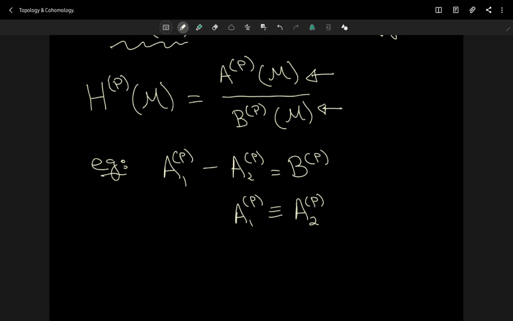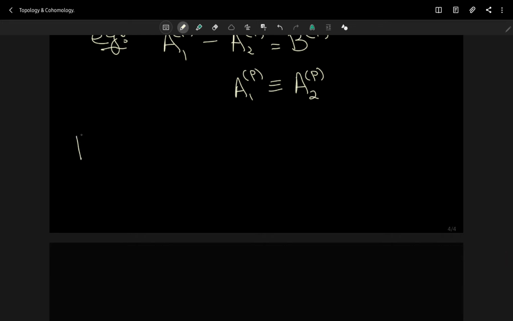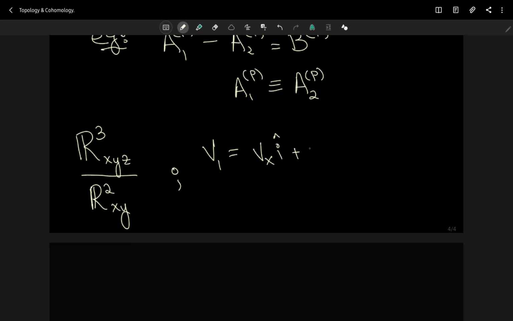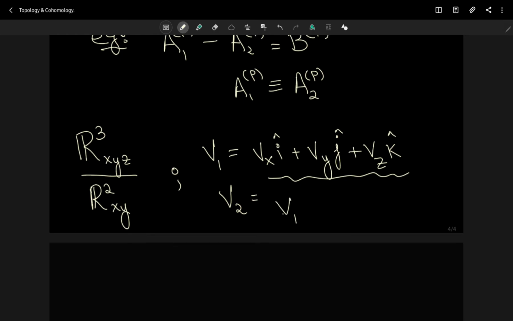Now, for an intuitive idea of vector space quotients, let's consider 3 dimensions, R3, which is X, Y, and Z. And let's consider that this thing is quotiented by R2, which would only have X and Y. Well, if we have two vectors, say v1 is vx i hat plus vy j hat plus vz k hat, and you have some other vector, we'll call it v2, which is this vector v1 with these two components of x and y added to it.